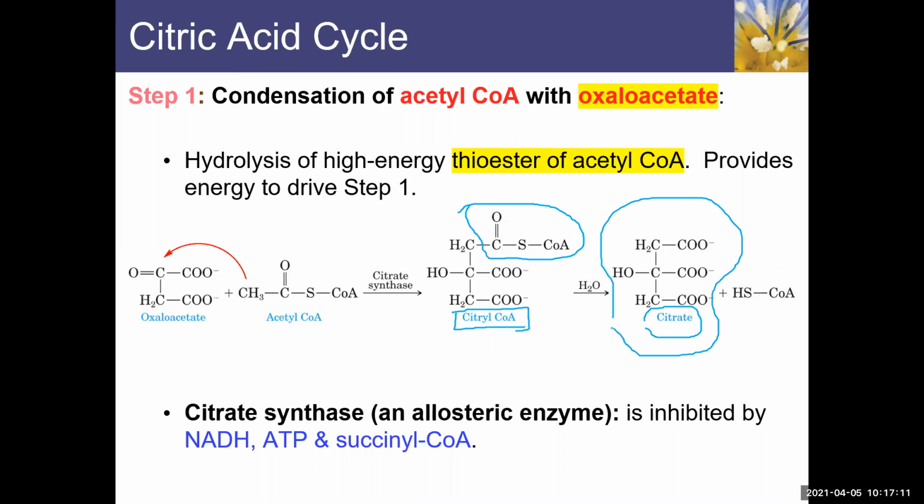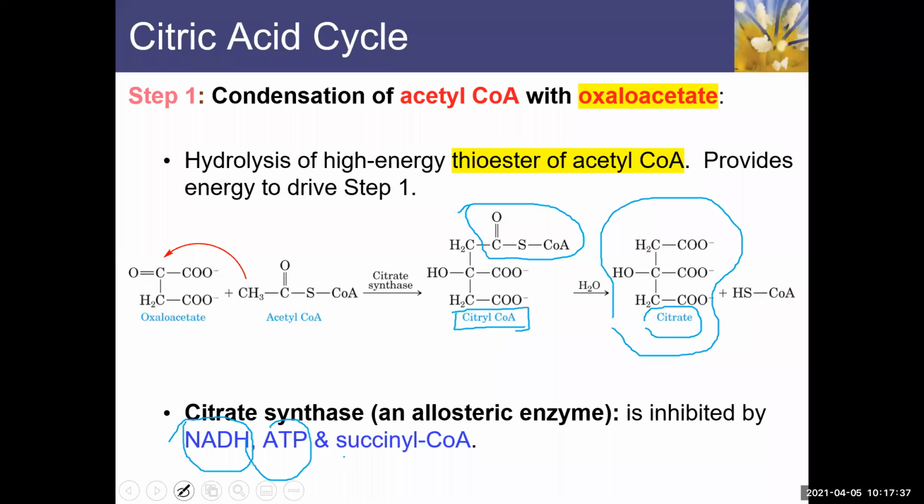right? And what you need to remember here is that this step, what causes the inhibition of this step? This step can be inhibited, or this step cannot go forward, if we already have in the cell too much NADH, too much ATP, or too much succinyl CoA, right?